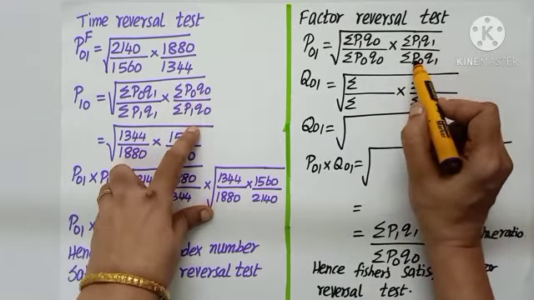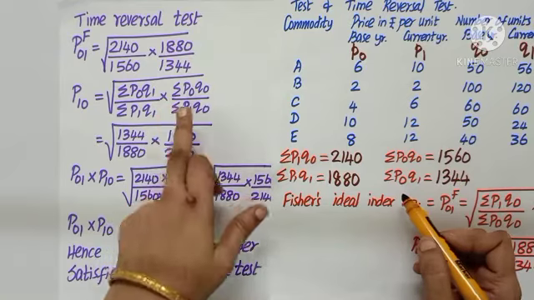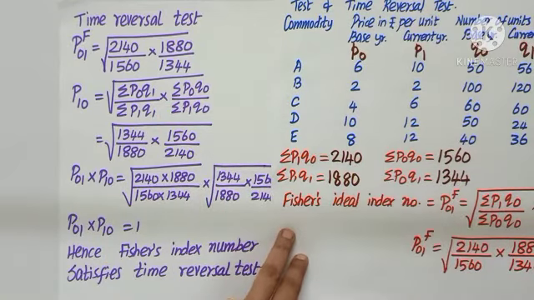As I have written, let me substitute from my table. From my table, P0 Q1 is 1344. P1 Q1 is 1880. P0 Q0 is 1560. And P1 Q0 is 2140.